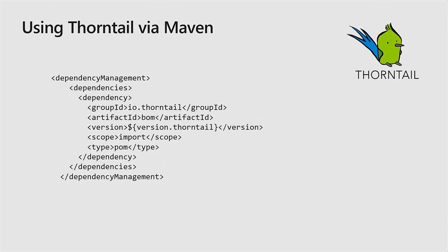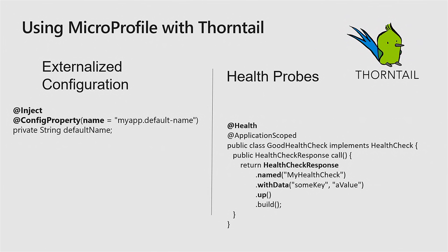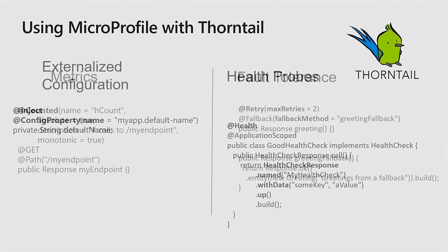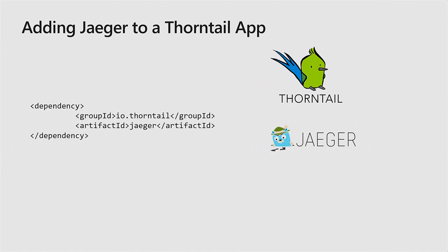For those of you who haven't been working with Java, this might be a little foreign, but I'll show you a little bit about how this works. In fact, let's get into that now. There are things about working with MicroProfile with Thorntail in terms of health probes, but I'll show more details of fault tolerance and metrics later. We like real code, not slides. Yes, yes.